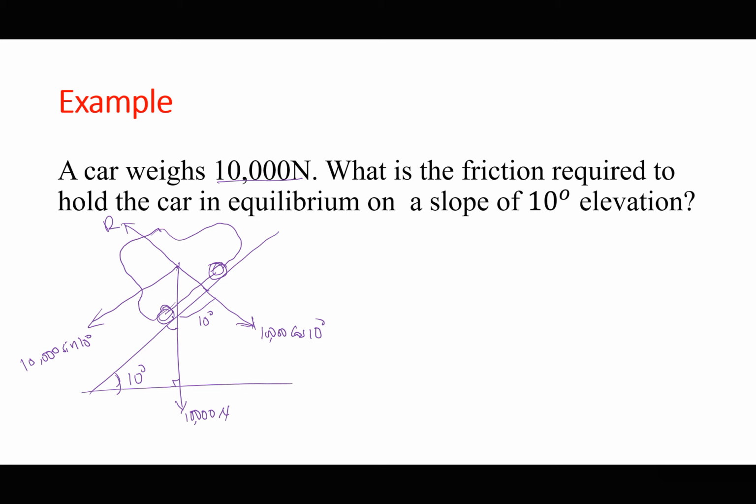And there is a friction. Of course, they want us to find the friction required to hold the car in equilibrium. So there must be a frictional force acting up the slope. So I'll call this friction Fr. So for equilibrium, the resultant force, which is mass times acceleration, should be equal to 0. So the resultant force, which is equal to 0, should be equal to 10,000 sine of 10 minus the frictional force.